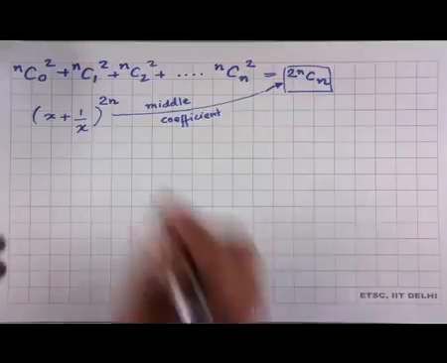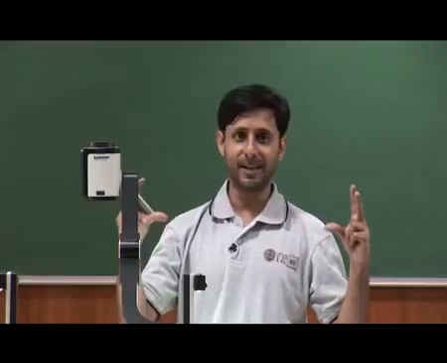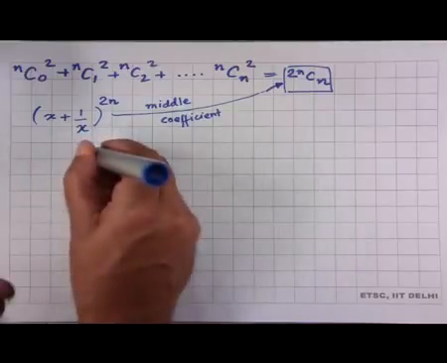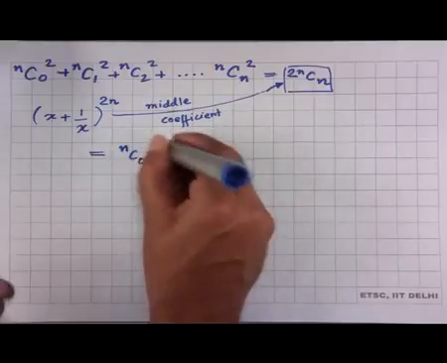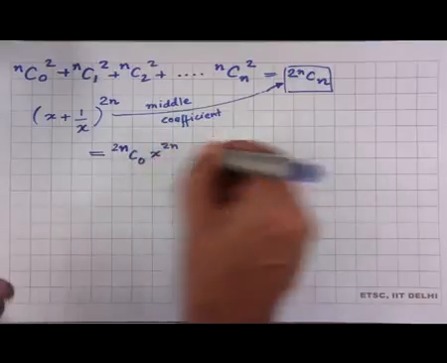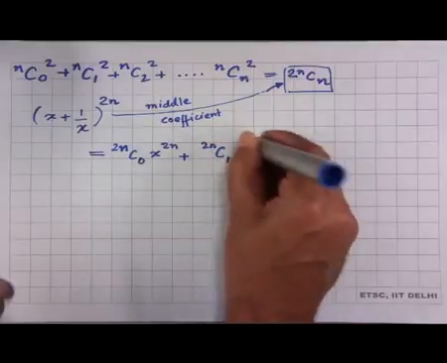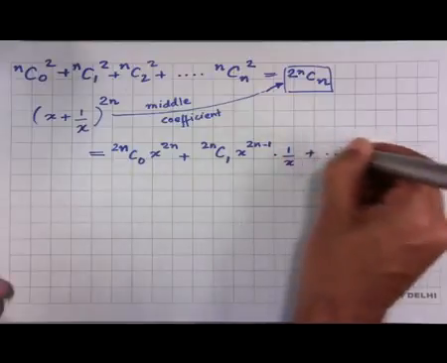Now, the middle coefficient is obviously this, right, and the middle coefficient is not just the coefficient, it is the middle term, because when you break up x plus 1 by x whole power 2n, right, and look at the term right in the middle, you get 2nC0 x power 2n plus 2nC1 x power 2n minus 1 times 1 by x, etc., right.